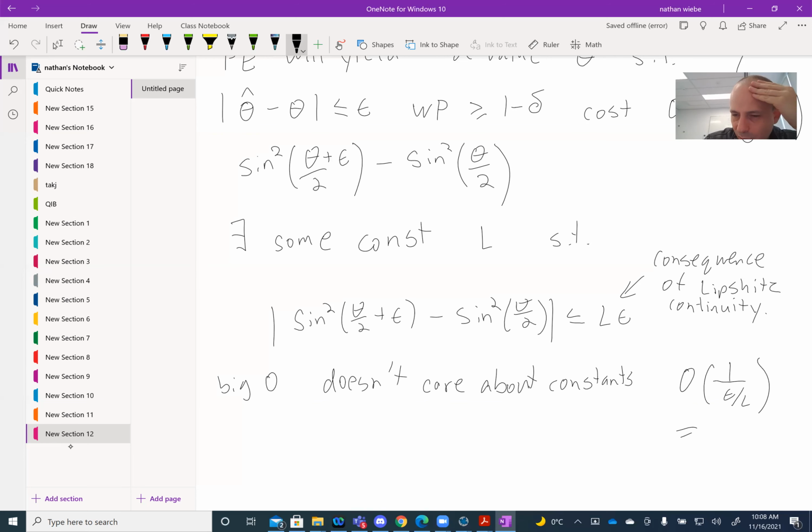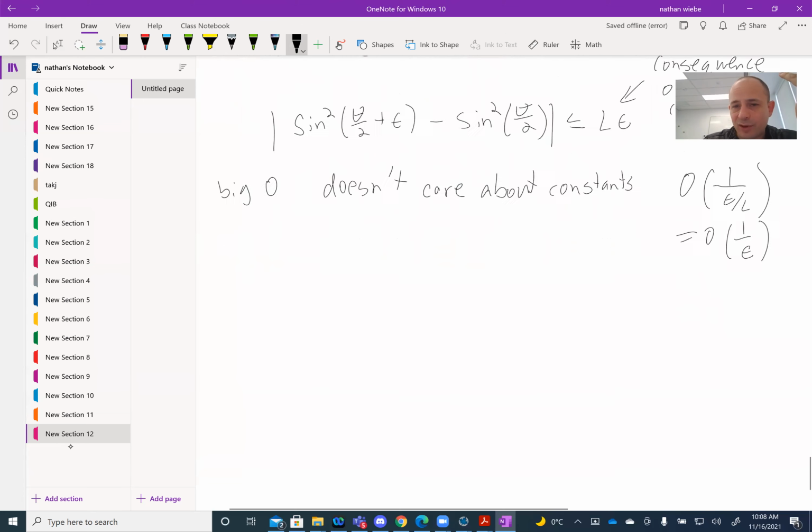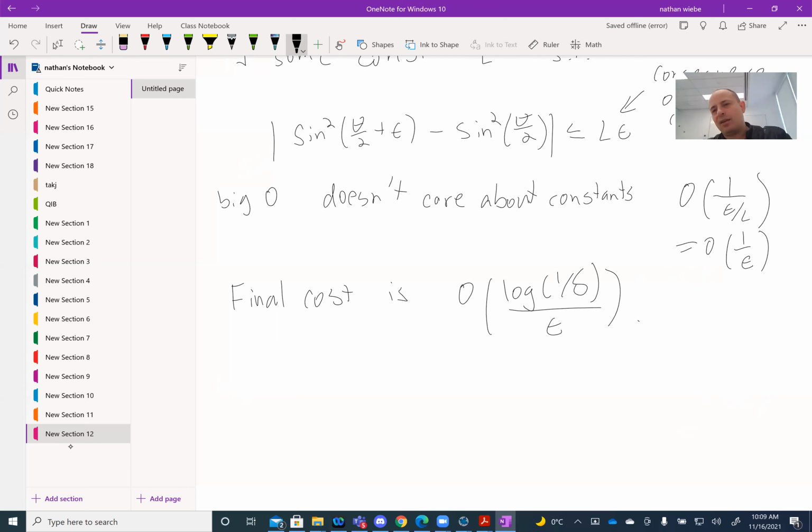We can shrink our values of epsilon by a factor of L in our original estimates to make sure that the final error is epsilon, but that will only change the cost by a constant factor, which disappears in big O calculus. So the simplest argument to give the scaling of the cost is just to invoke the continuity and say that the final cost of learning the amplitude is order log 1 over delta divided by epsilon.